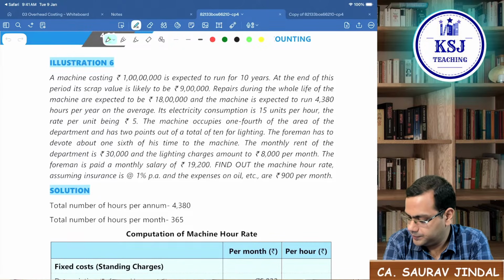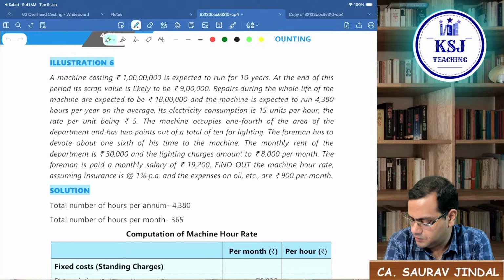Any other doubt? Yes, anyone having any other doubts?